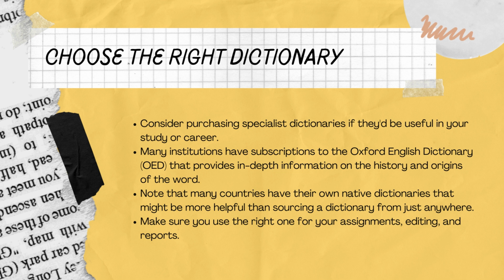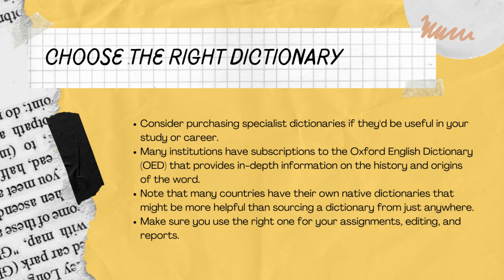Okay, and many institutions have subscriptions to the Oxford English Dictionary, or OED for short, that provides in-depth information on the history and origins of the word. Because if you know the origin of the word, maybe it's from another country or something like that, it would be easier for you to understand it.